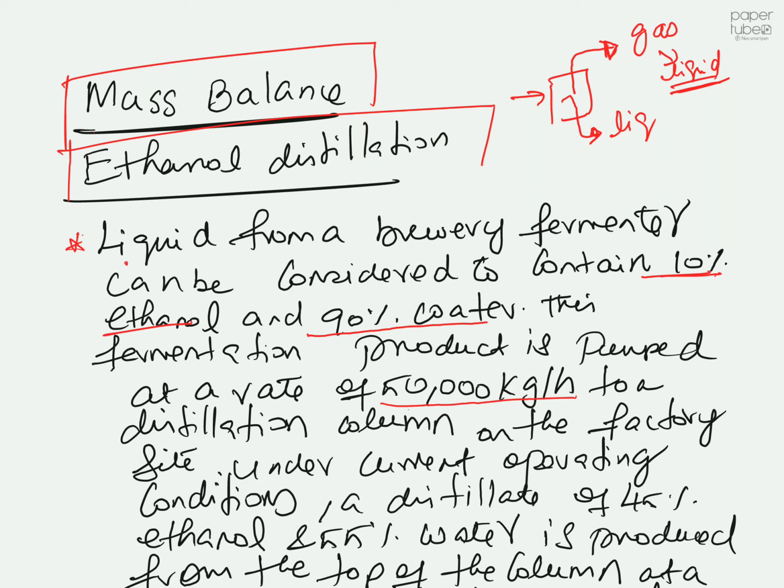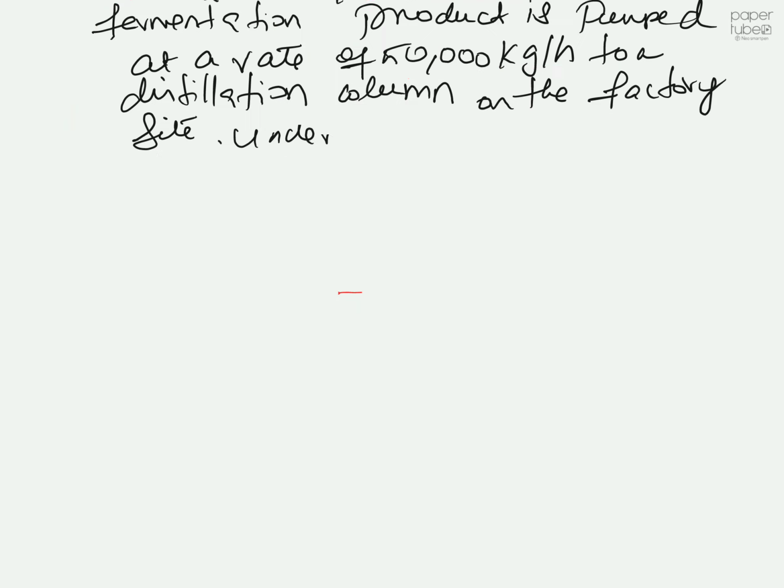Under normal or current operating conditions, a distillate of 45% ethanol and 55% water is produced. So something comes out at the top that contains 45% ethanol and 55% water, at a rate of 1/10 of the feed.